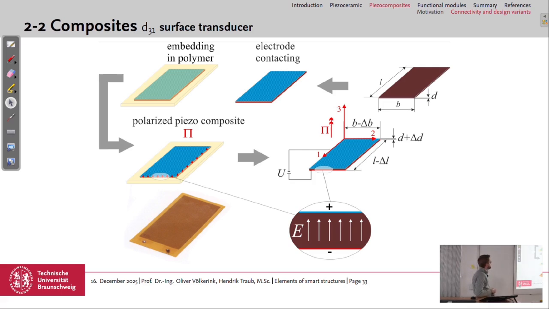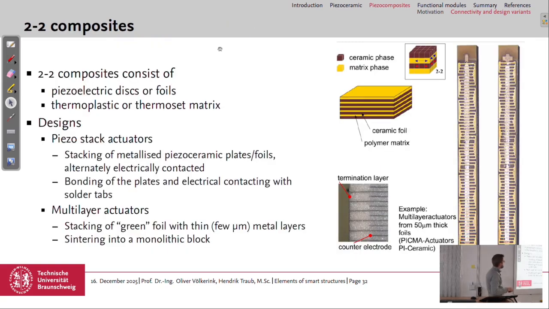We can also use 2-2 composites to build surface transducers. So in this case, with the stack actuator, we use the D33 effect because the field and the polarization are in this direction, and we also use the elongation in this direction.